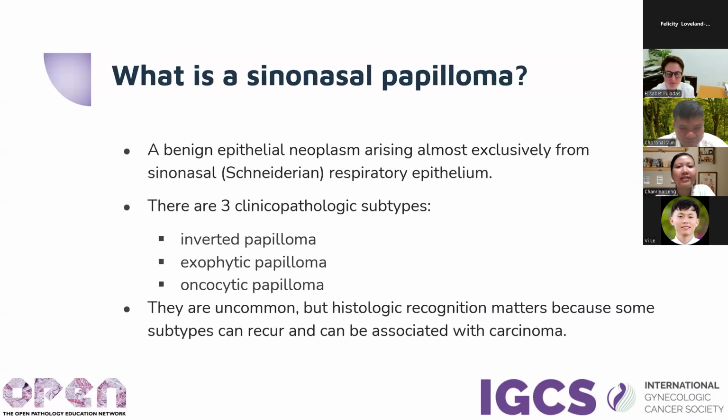So what is sinonasal papilloma? Sinonasal papilloma is a benign neoplasm that arises from the sinonasal respiratory epithelium, called the Schneiderian membrane, the membrane that covers the nasal cavity and sinuses. Even though it is a benign lesion, it is also locally aggressive, and it can affect the adjacent structures.